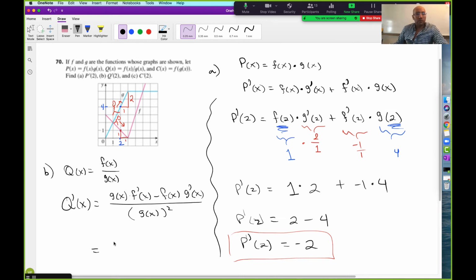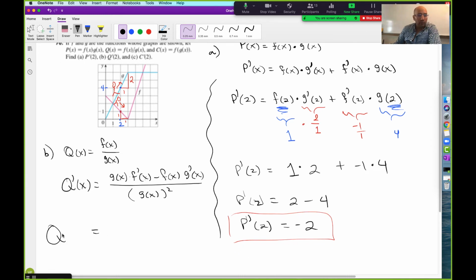Okay, so now if we evaluate it with a 2, then q prime of 2 equals g of 2 times f prime of 2 minus f of 2 times g prime of 2 all over g of 2 squared. That looks ugly.